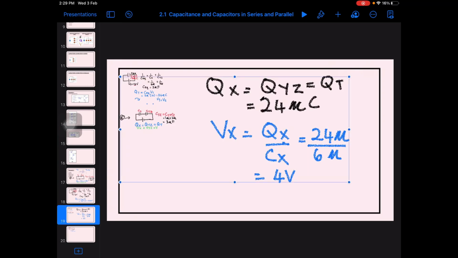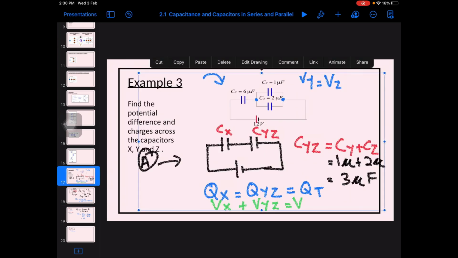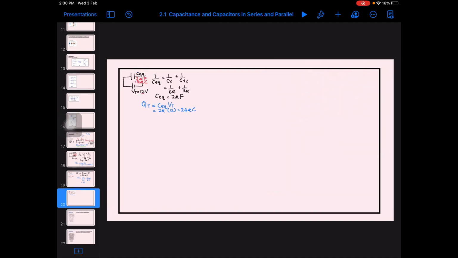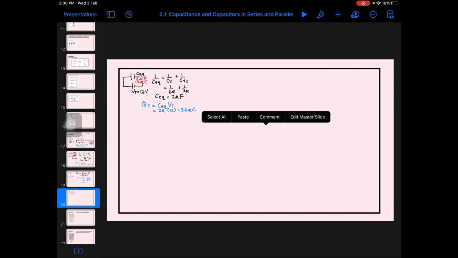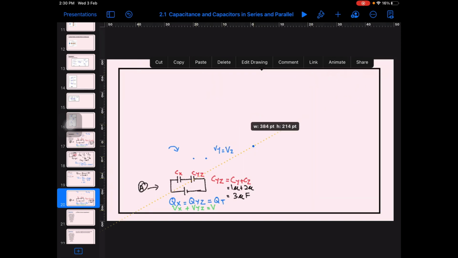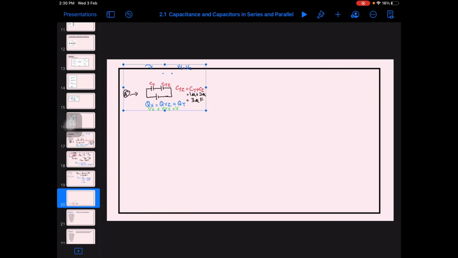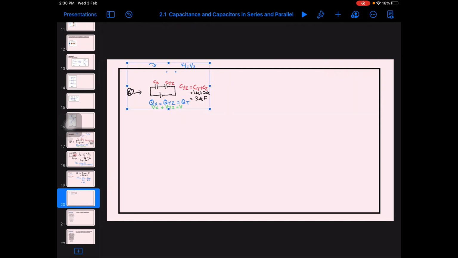Kita tak nak yang ni, kita nak yang ada Y and Z. This one, so copy and we will paste here. So this information, we don't want this. Okay, QX and VX done.